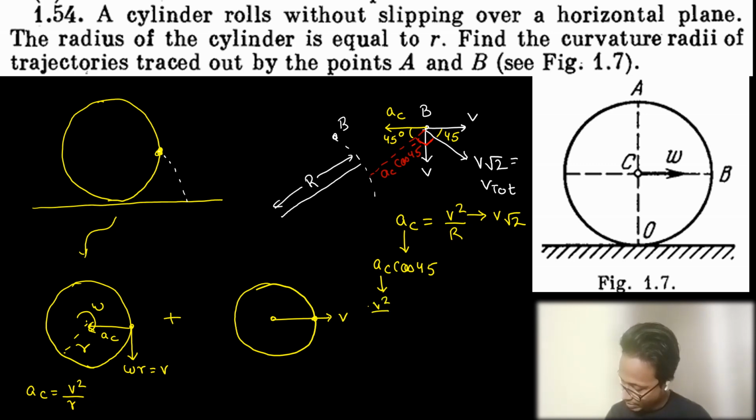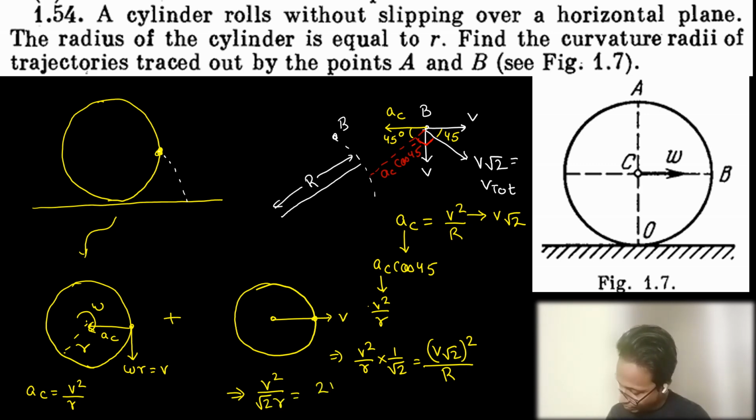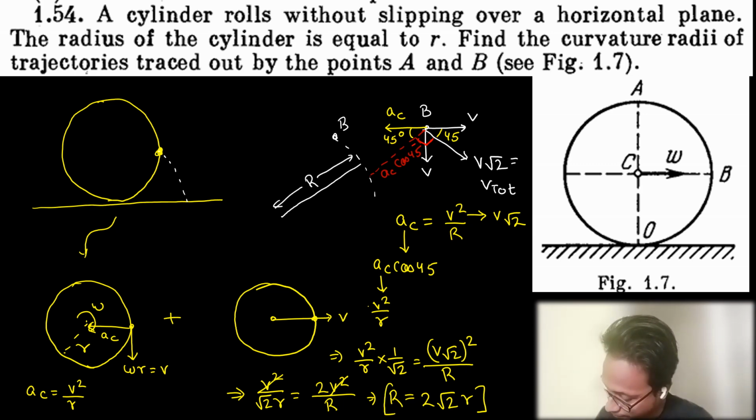Substituting everything, v square by r times 1 by root 2 equals (v root 2) whole square by the radius of curvature R. Simplifying, v square by root 2 r equals 2v square by R. V square cancels, so the radius of curvature R equals 2 root 2 times the radius of the cylinder. Understood this one? Yeah.